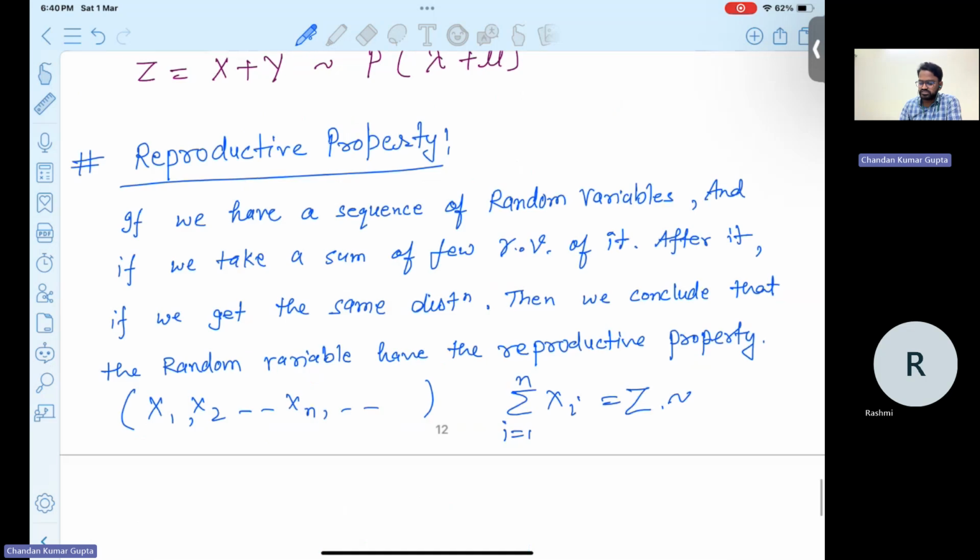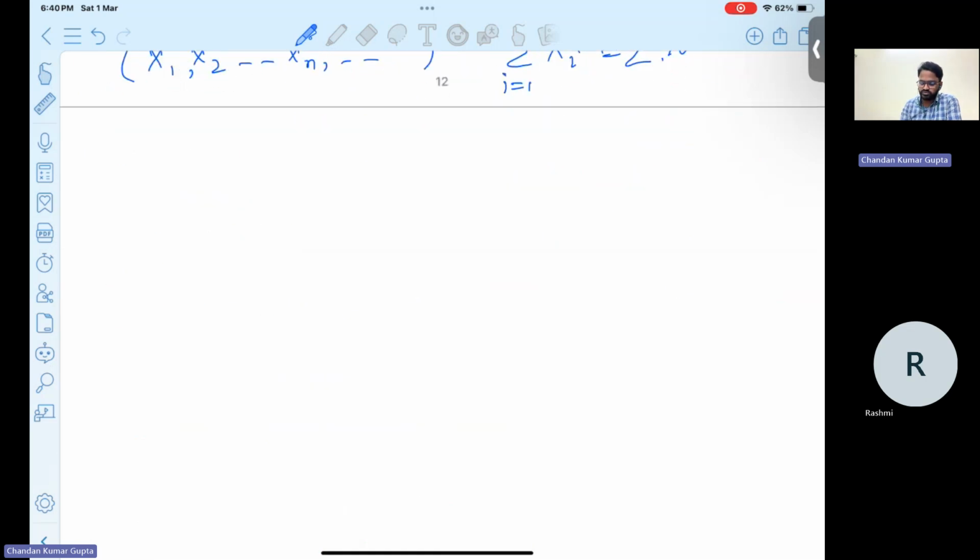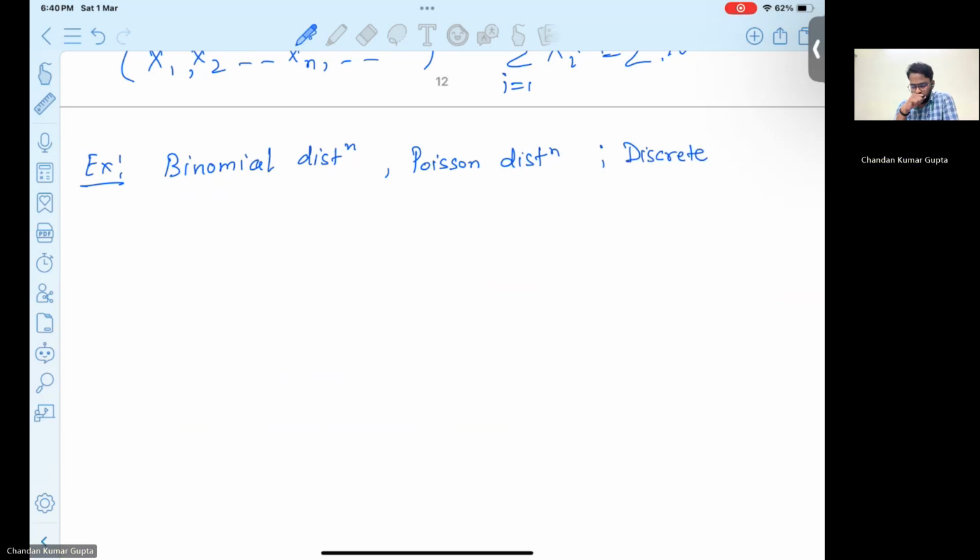Binomial and Poisson distributions have the reproductive property, and these are discrete cases. For the continuous case, the normal distribution also has the reproductive property.